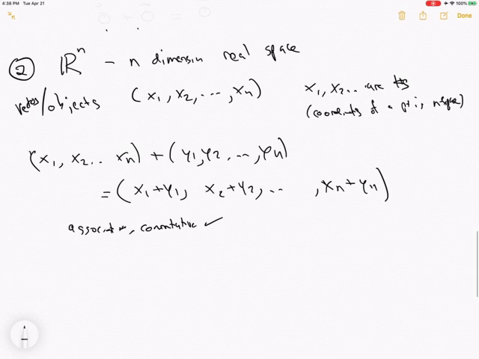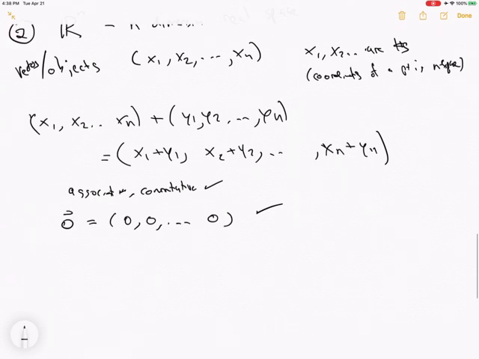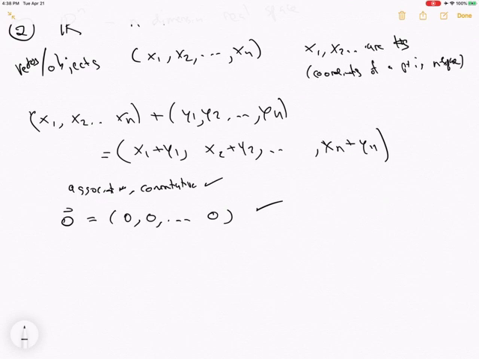We have the zero vector, which is the vector whose coordinates are all 0. That's good. And every vector has its inverse. The inverse of a vector, we'll just write as negative that vector. So if you have n coordinates, you just negate all the coordinates.